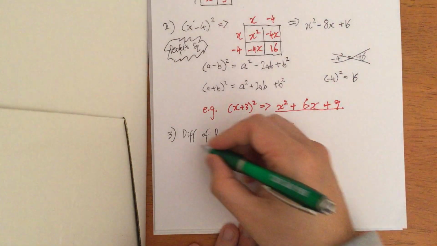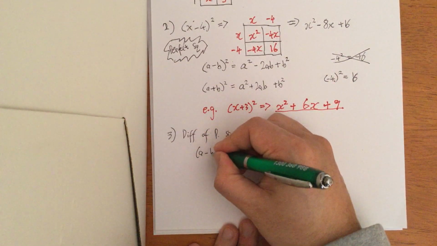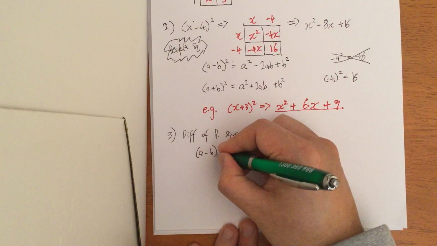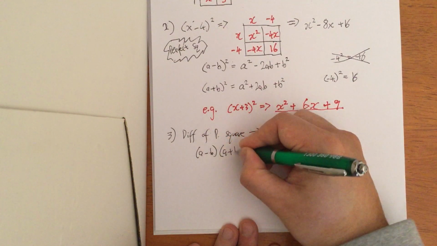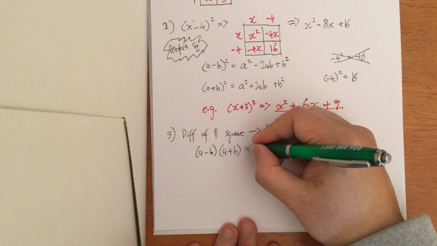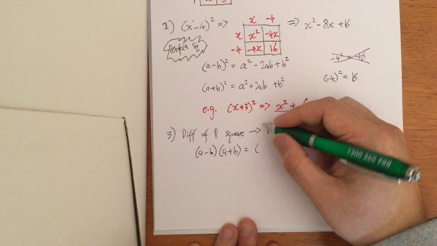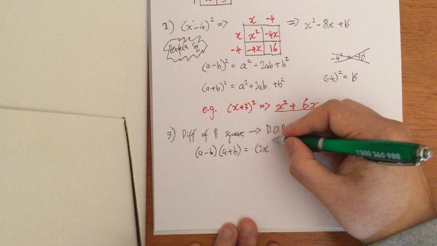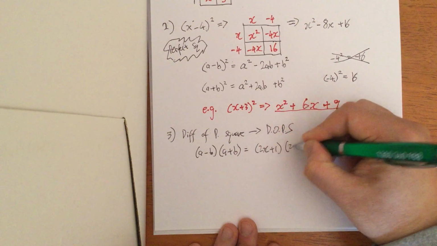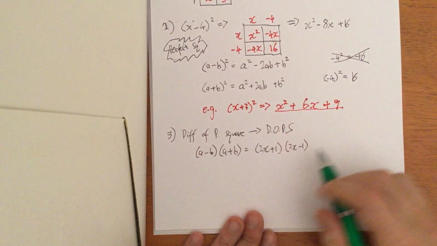Okay, so what does that mean? That's when you have a situation where it's almost like an alternating example. So for instance, if you have 2x plus 1, 2x minus 1.